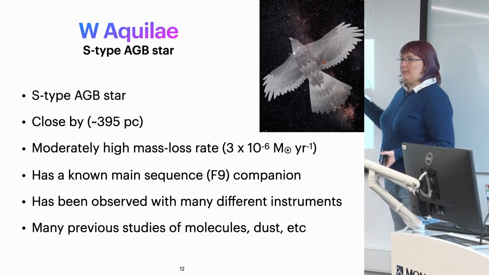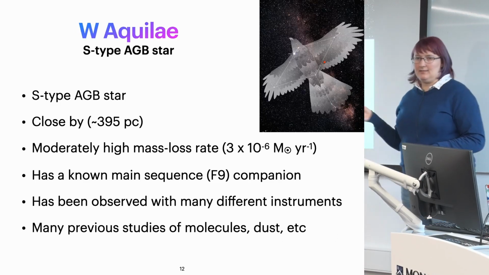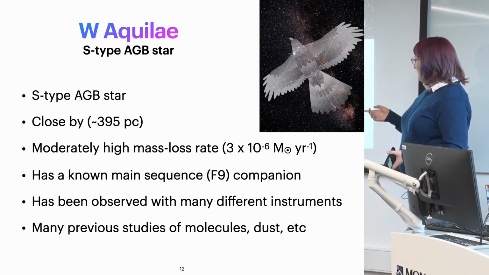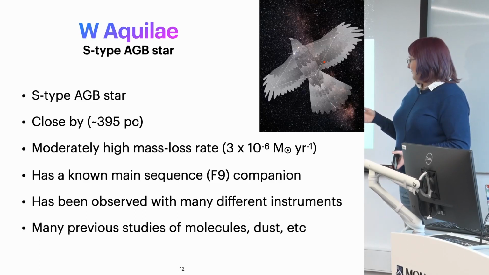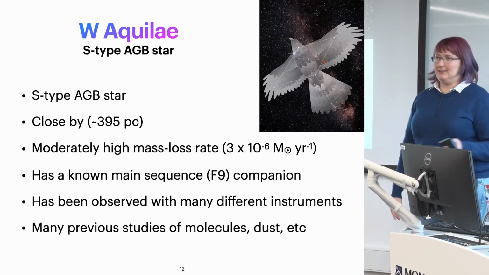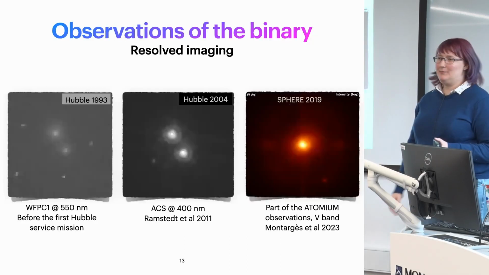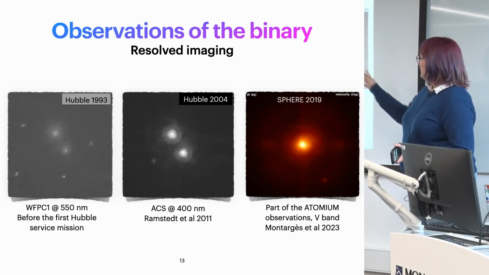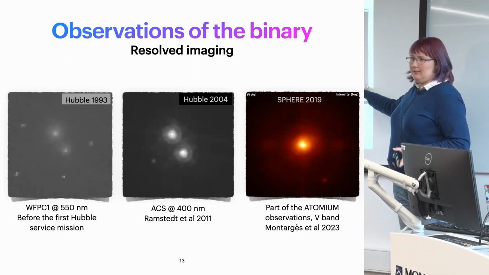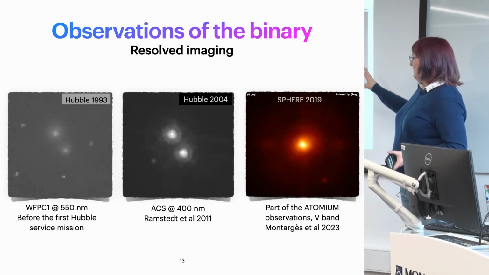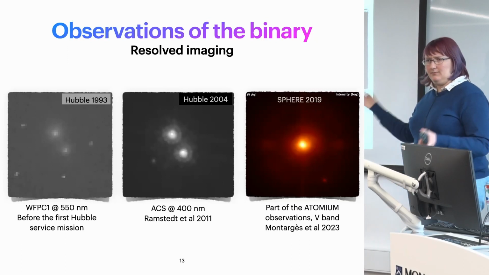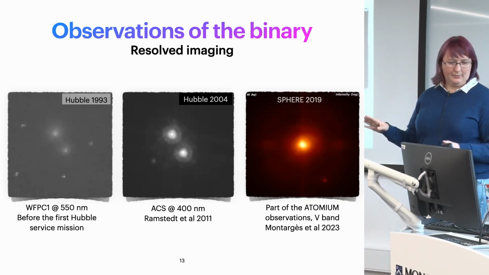And it has a known main sequence companion. So this has been known since at least the 60s. And yeah, been extensively studied. So this companion, here are some images. A couple of Hubble images. This recent SPHERE image is part of the ATOMIUM project, which, well, I'll get to more details about.